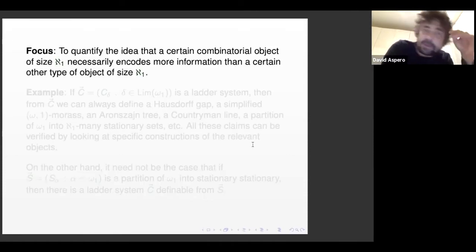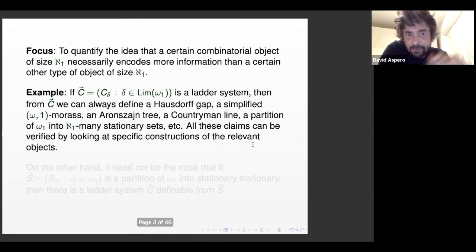So the main focus is to quantify the idea that you have some combinatorial object of size aleph1, and it may be that having any such object necessarily encodes more information than some other type of combinatorial object.